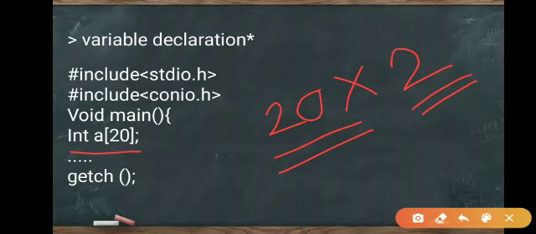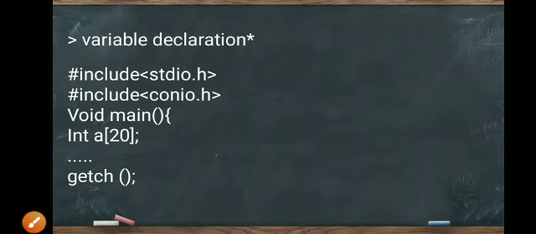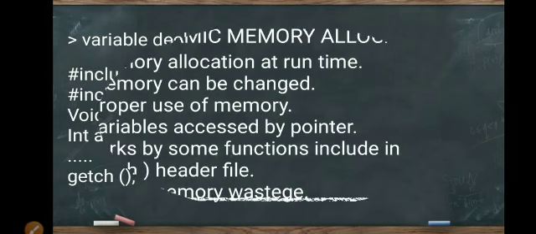But as we know, an array is a collection of a fixed number of values. Once the size of an array is declared, we cannot change it. Sometimes the size of the array we declare may be insufficient or larger than our requirement. So, to solve this problem, we use the concept of dynamic memory allocation.